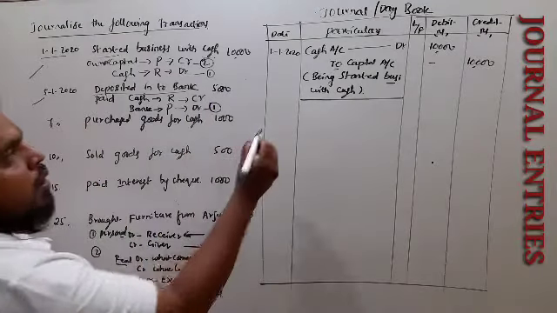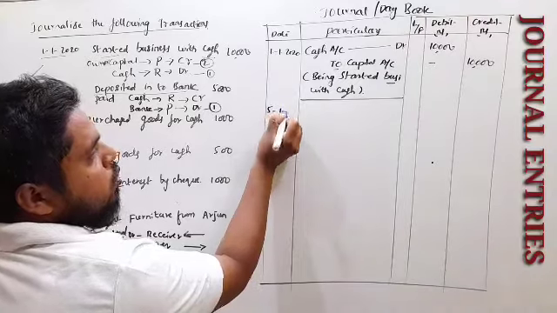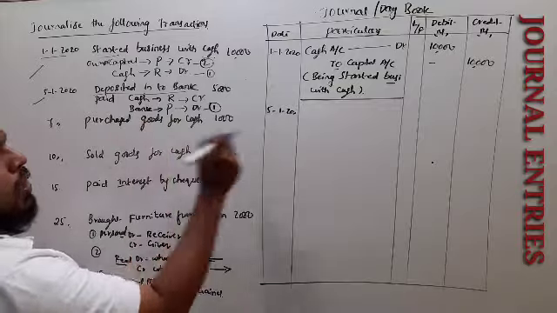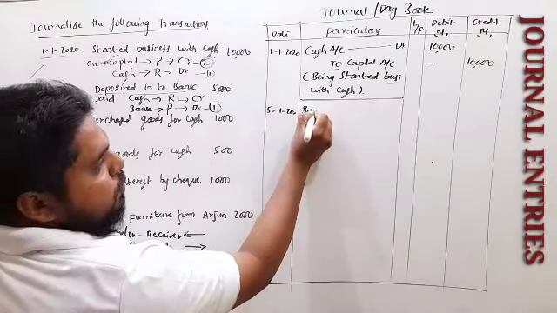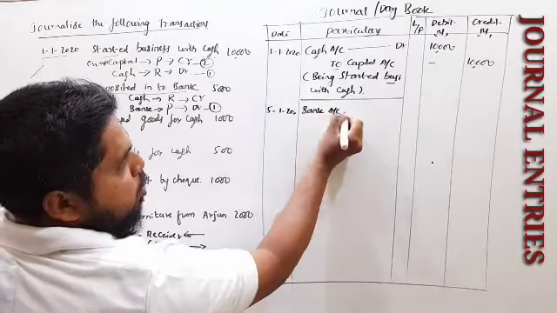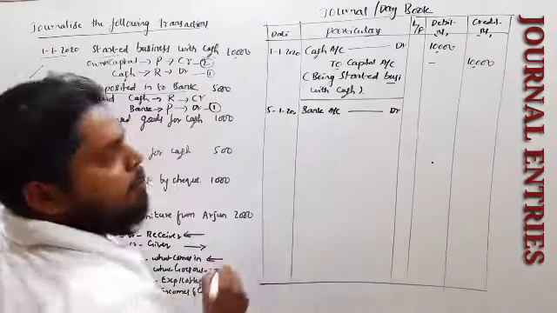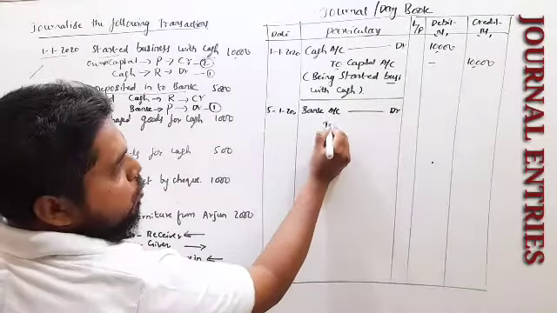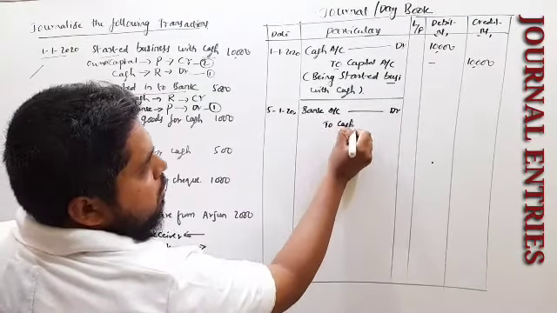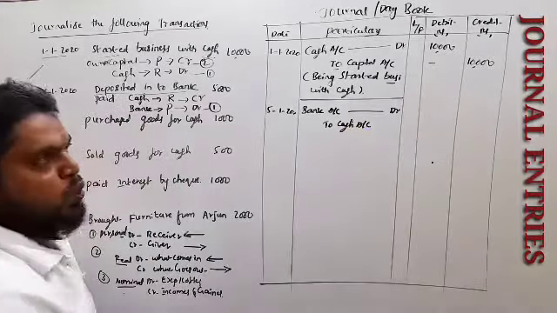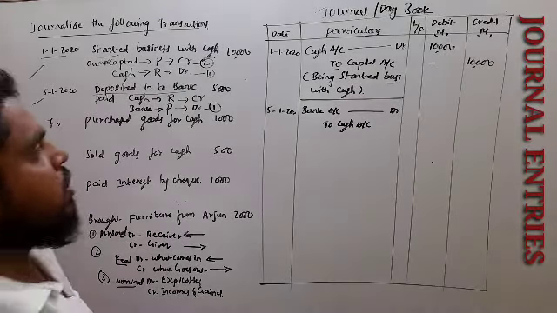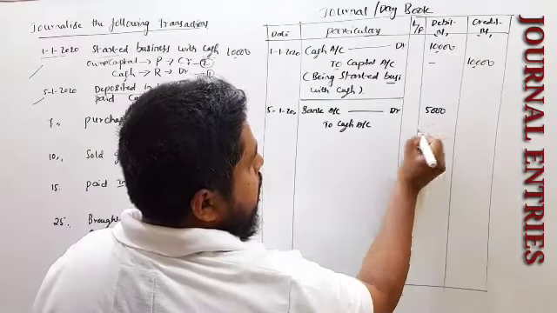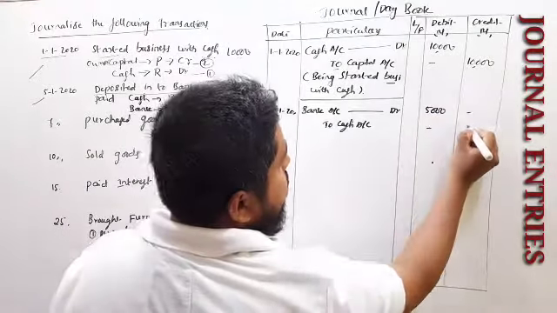Date 5/1/2020. First debit entry, so debit bank account. Credit entry, "To", leave the space here, cash account. The amount of 5,000 in the debit column and credit column.